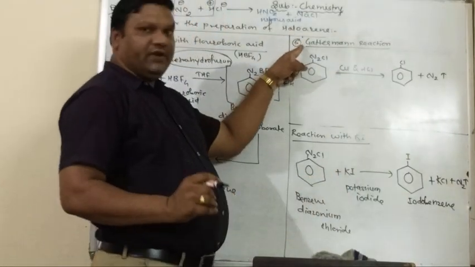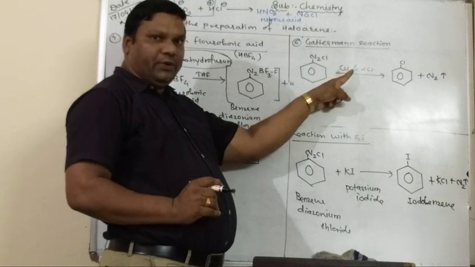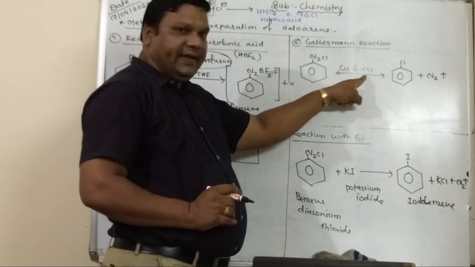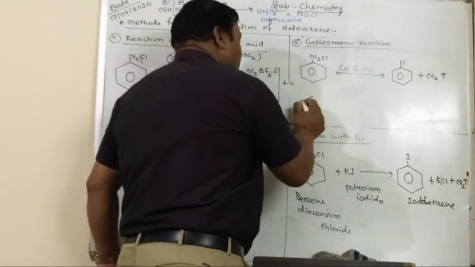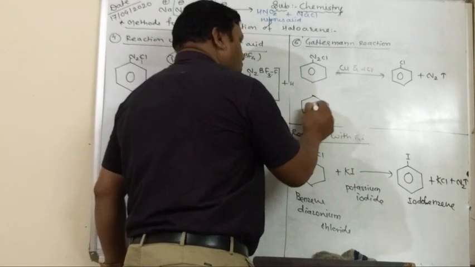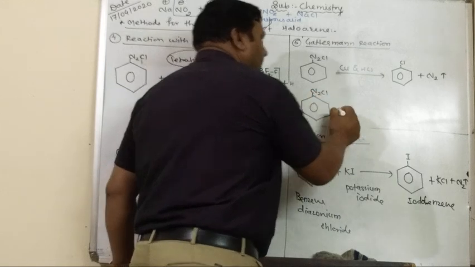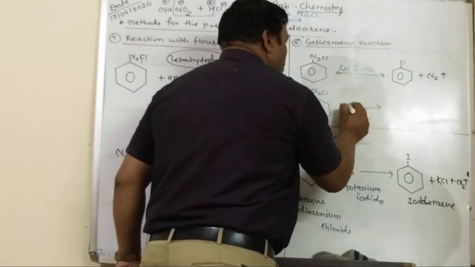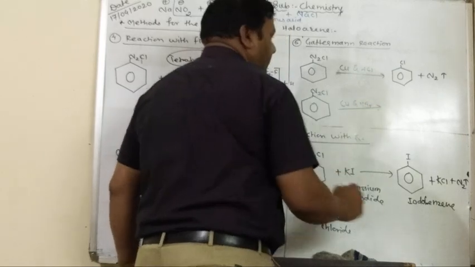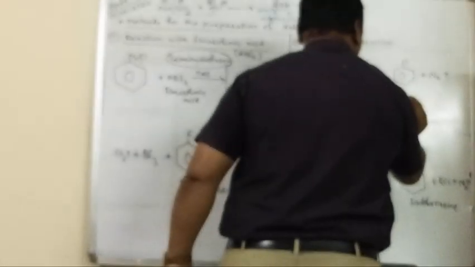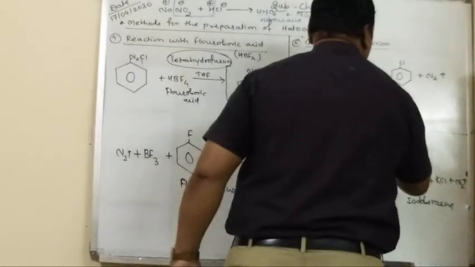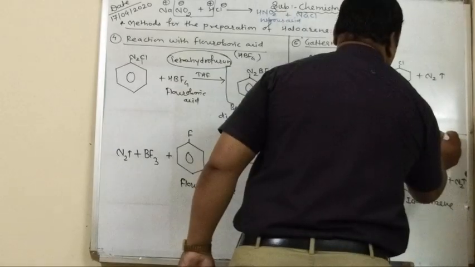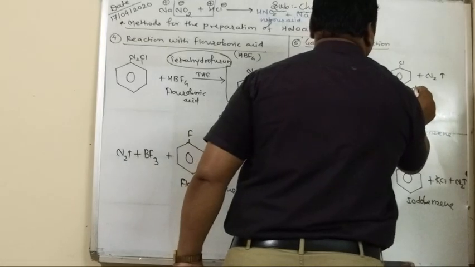Gattermann reaction is quite different from Sandmeyer. In Sandmeyer, we take cuprous halides, but in Gattermann, copper and HCl. Another one is the benzene diazonium chloride reacting with copper and HBr to get bromobenzene plus removal of N2. This is bromobenzene.